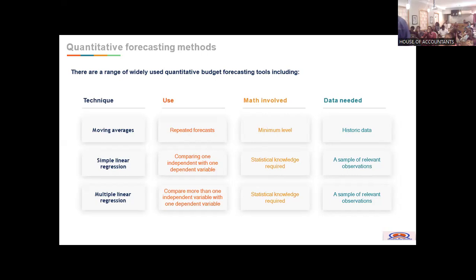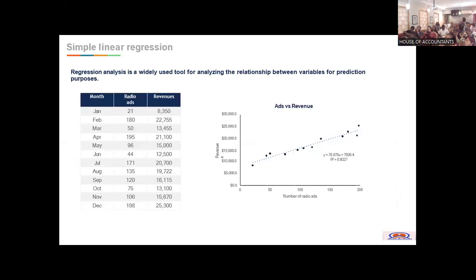Some people use repeated forecasts, which needs statistical knowledge. The data needed is historical data and relevant observations, like economic factors, what is happening, inflation and the like. When we get to the calculation, we'll see.